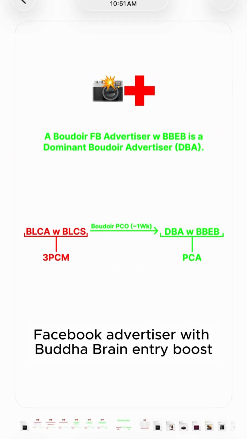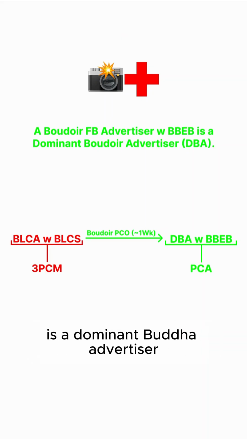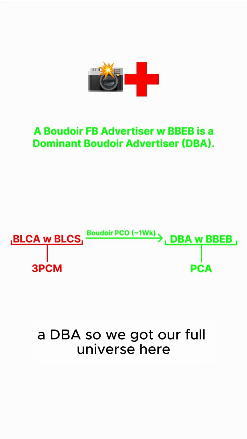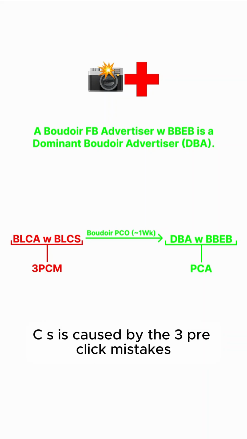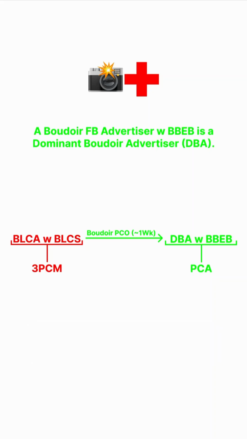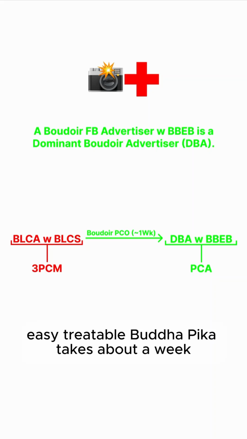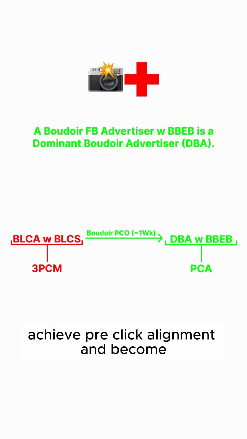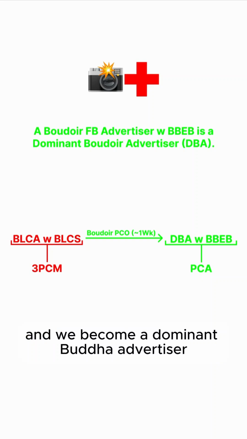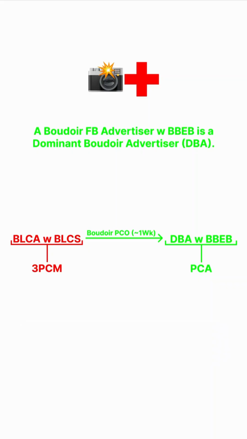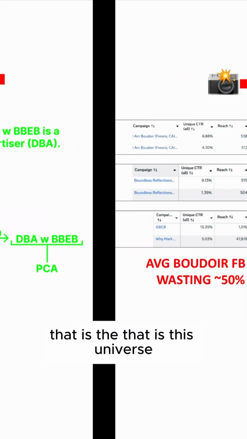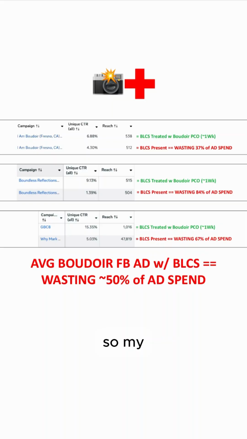And a Boudoir Facebook advertiser with Boudoir brain entry boost is a dominant Boudoir advertiser, a DBA. So we got our full universe here. A BLCA with BLCS is caused by the 3 pre-click mistakes. It's easily treated with Boudoir Pico, takes about a week. Achieve pre-click alignment and we become a dominant Boudoir advertiser with Boudoir brain entry boost. That is this universe.